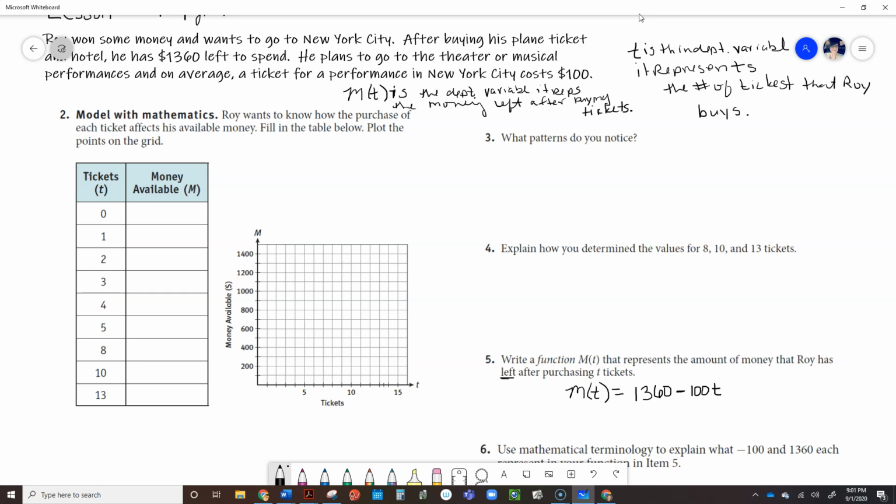Okay. So those are the independent and dependent variables.